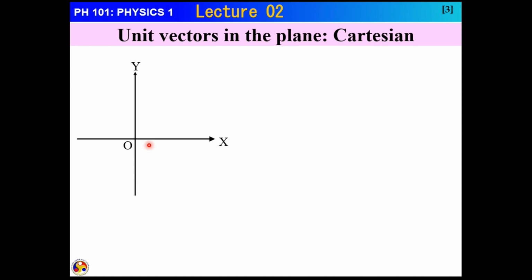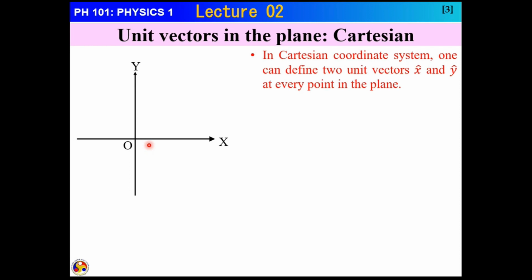Now, unit vectors in the plane for the Cartesian coordinate system. In the Cartesian coordinate system, one can define two unit vectors, unit vector X and unit vector Y, at every point in the plane. The unit vector along X is written as X cap. The unit vector along Y is written as Y cap. For example, here at point P, the unit vector along the X direction is shown with a blue arrow.